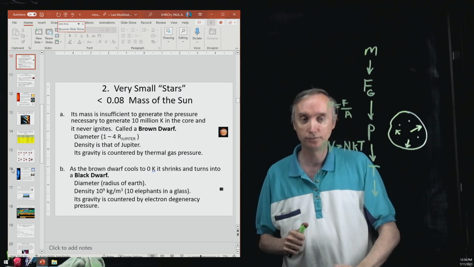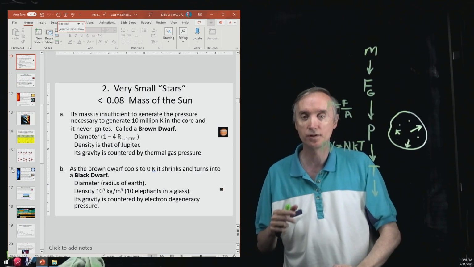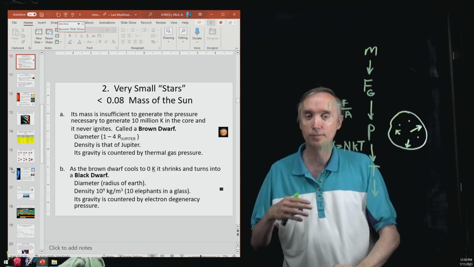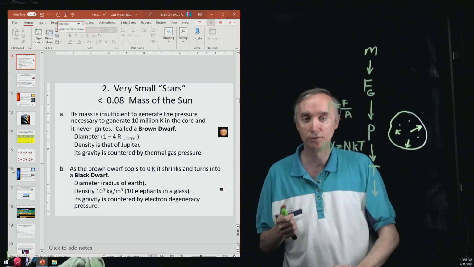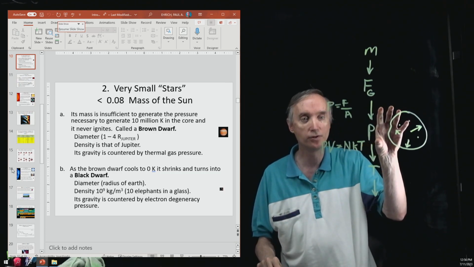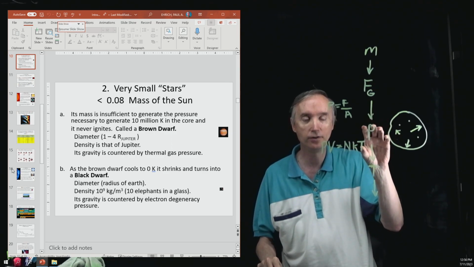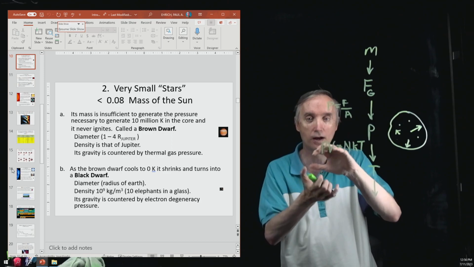Remember, the age of the universe is only about 12 to 14 billion years old. So in trillions of years, Jupiter is going to shrink down to a very, very compact object.